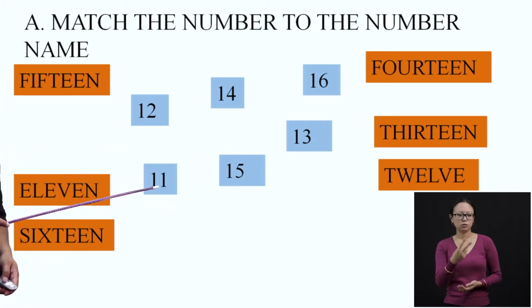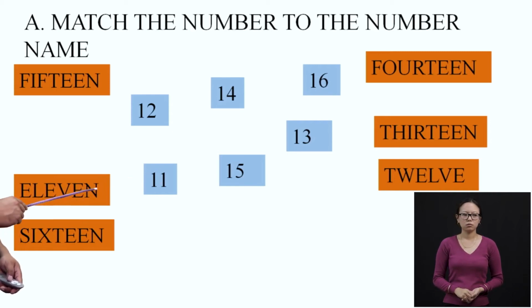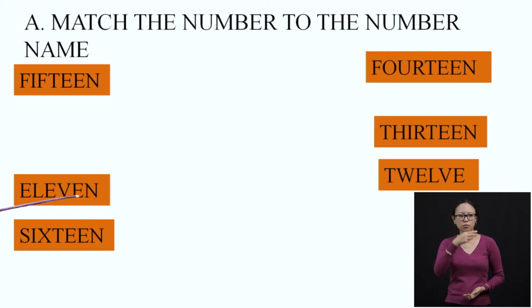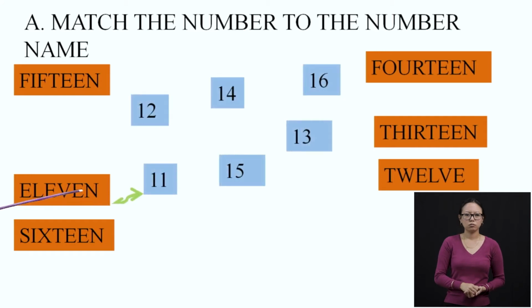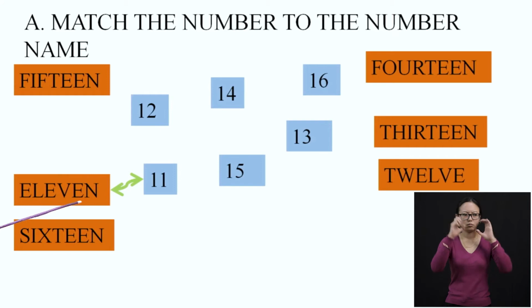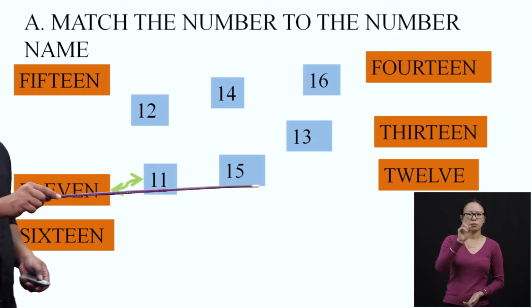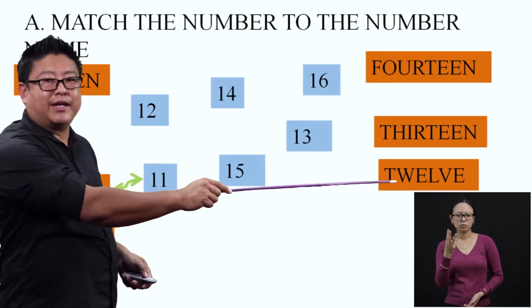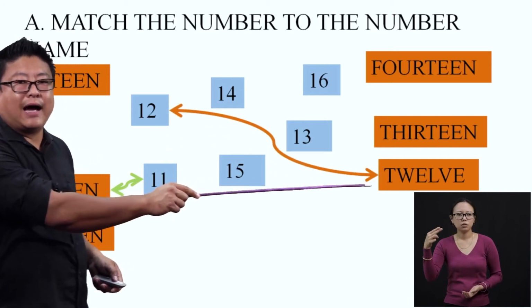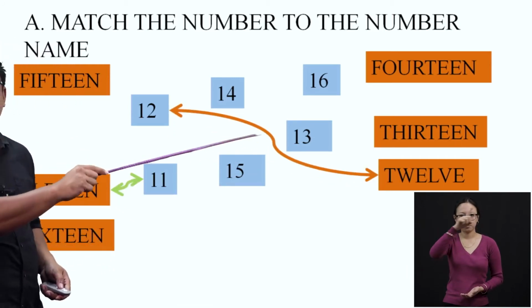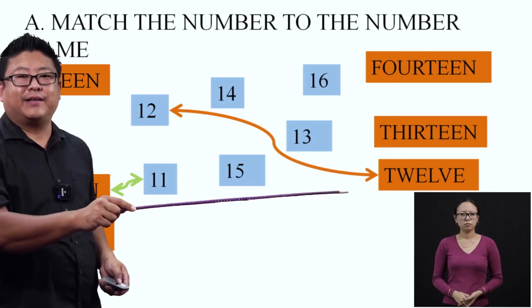Okay. And let's look at the first number, 11. Now, if you look at 11, the numeral is here and the number name is in this place. So we draw an arrow from 11 to the number name 11. All right. Similarly, if you look at 12, you will find that the number name is here. So you will draw a line in such a manner that these two are connected. Okay.